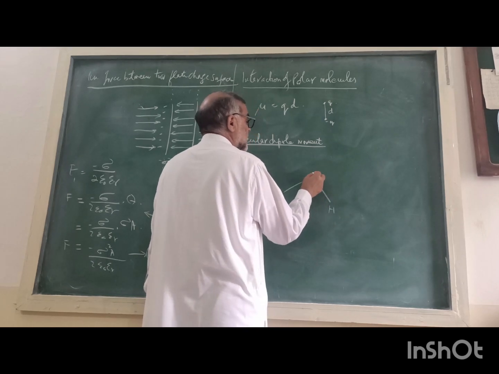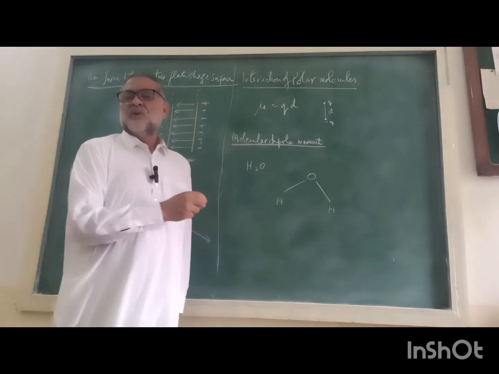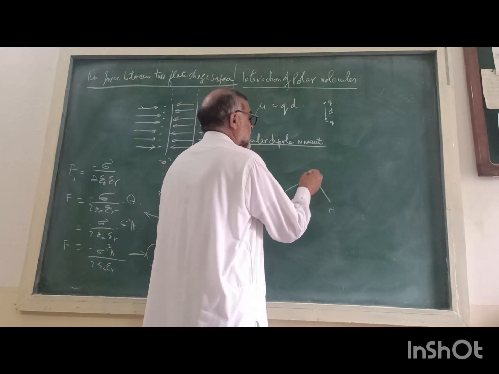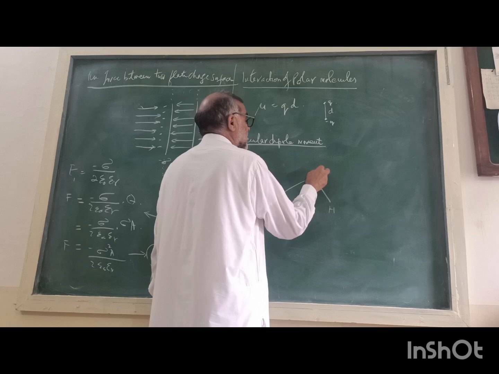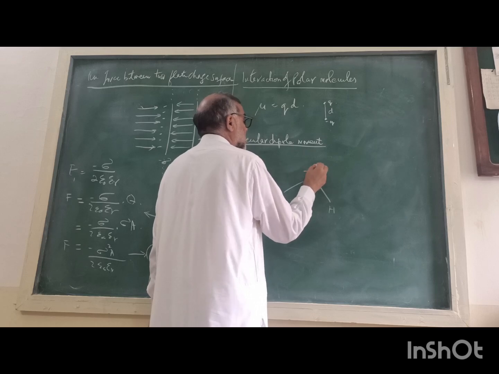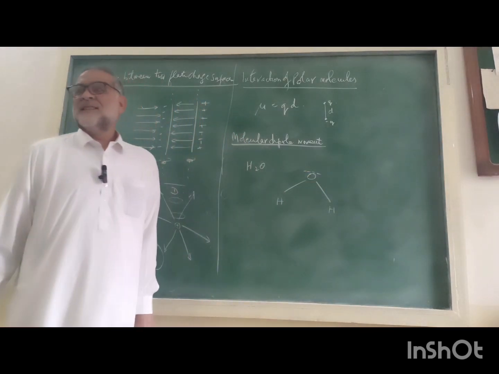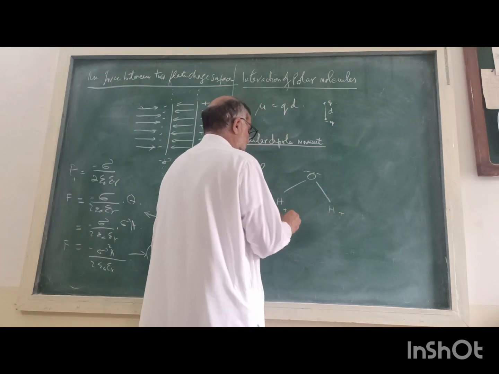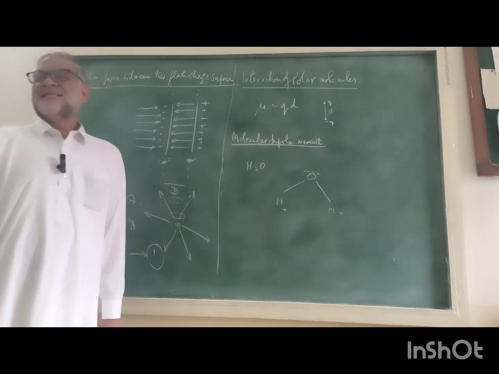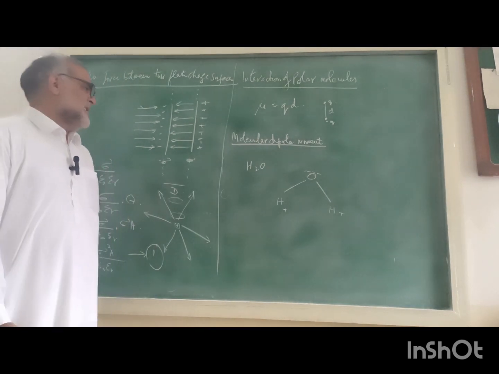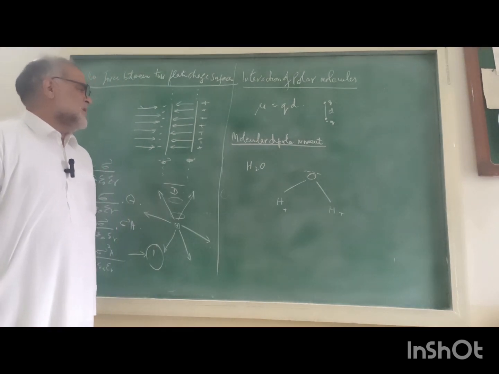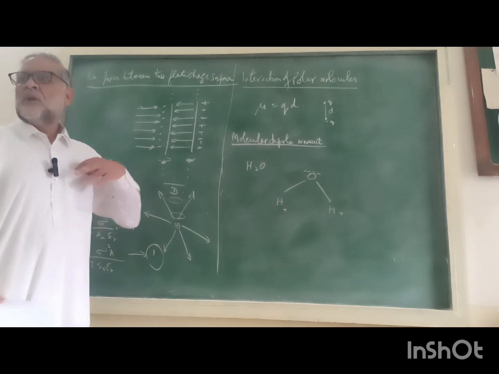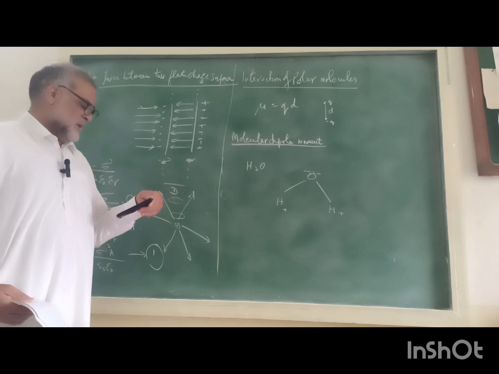The oxygen is more electronegative and attracts the bonding pair toward itself. So it will become like something like this, and the other side will be left with a net positive charge. In this way, this molecule becomes polar.